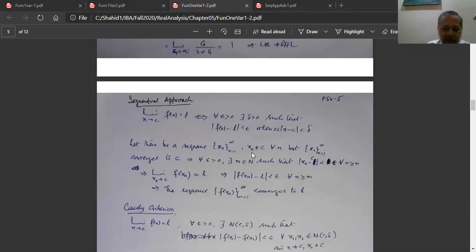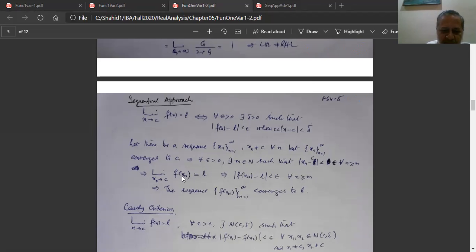Remember, it is possible, we have studied sequences, that none of the terms of the sequence is equal to the limit, but the sequence converges to that particular limit. So for every epsilon greater than 0, there exists a positive integer such that terms of the sequence are within a small neighborhood of the point c where the sequence is converging. All the terms of the sequence are in the neighborhood of c after first few terms.